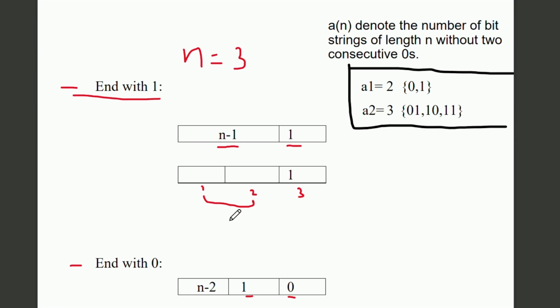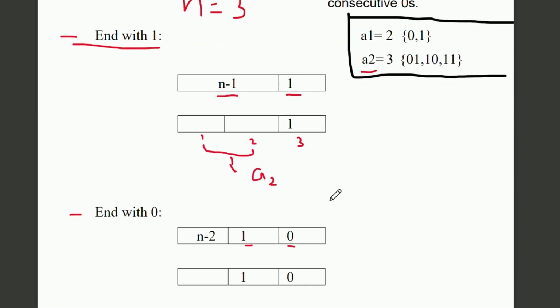And this is actually A2, because A2 means the number of bit strings of length 2 that are without two consecutive zeros, and we already have A2 as our initial condition, which is 3.